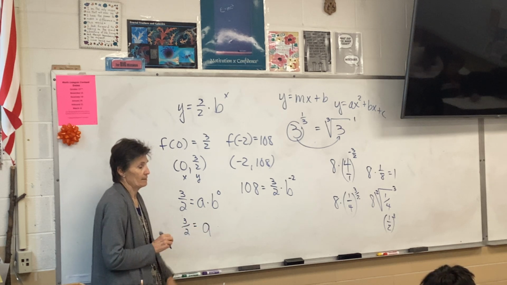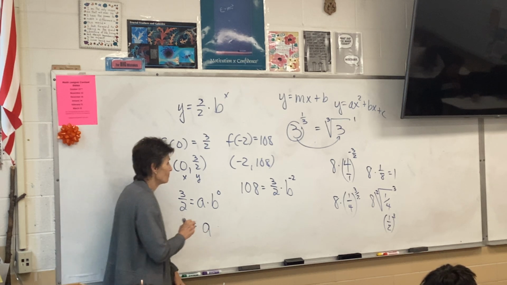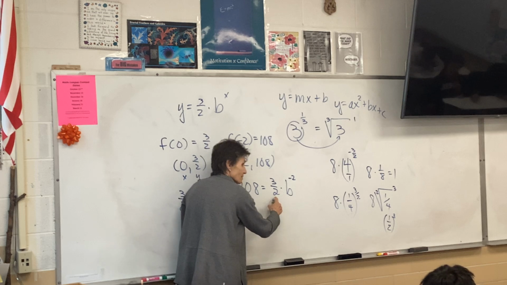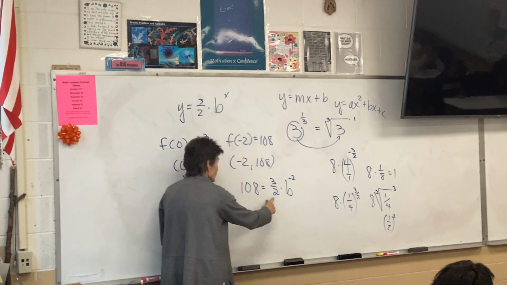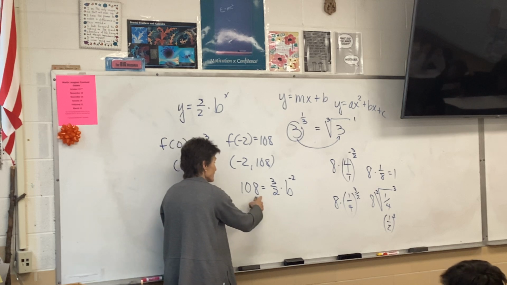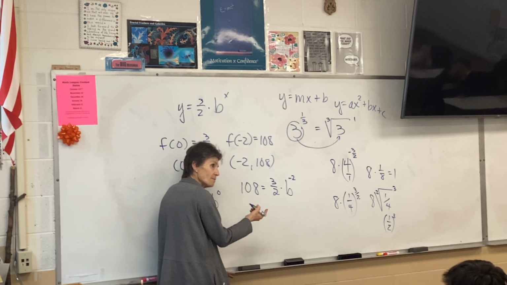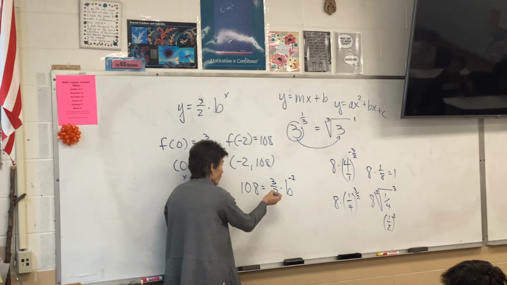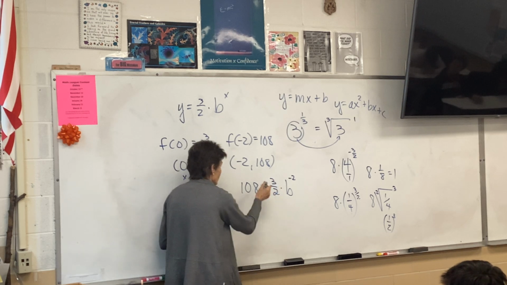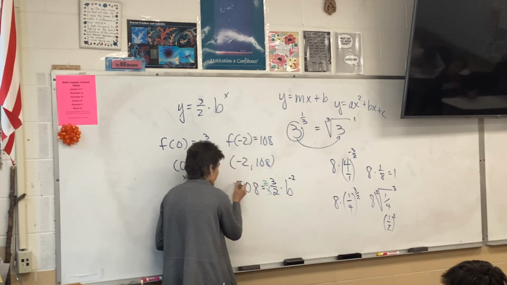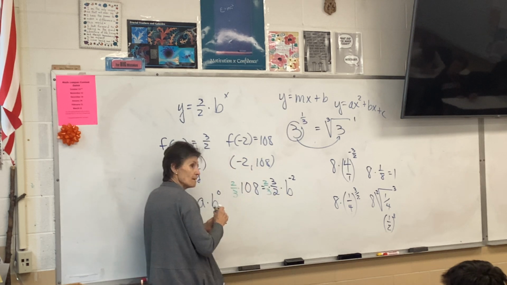You can handle it, but there is going to be some arithmetic. I've got to get rid of this, so I could divide by 3/2, or I could multiply by 2/3. Would that accomplish the same thing?